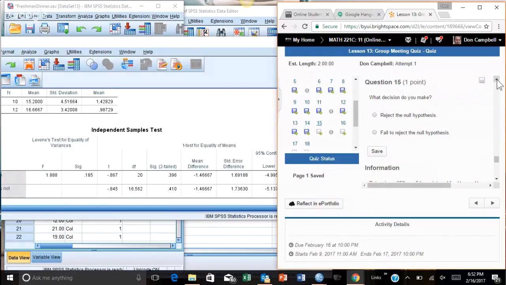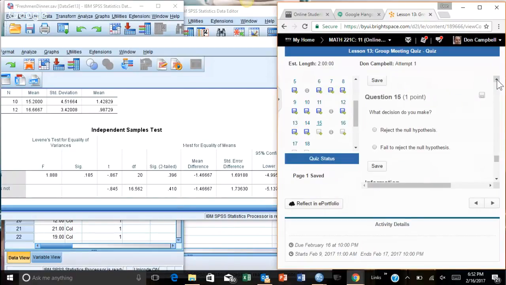Yeah, the problem is that it's suspiciously higher. It seems like we've just been getting really high p-values.